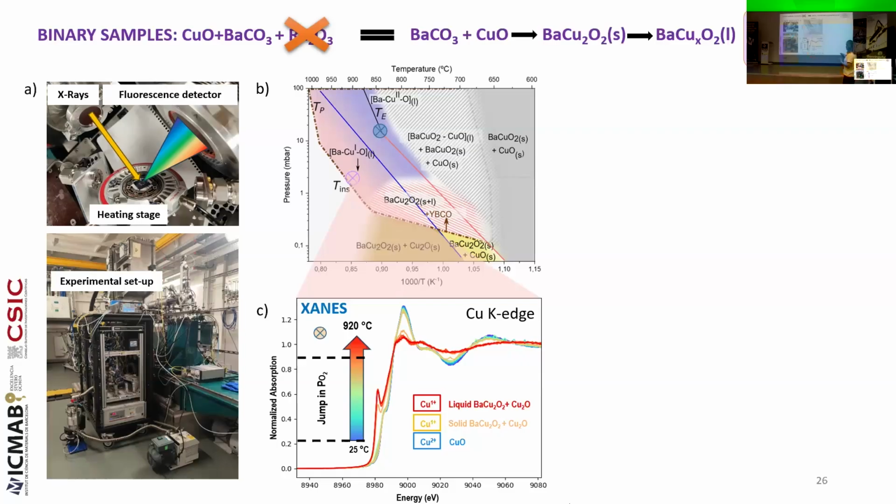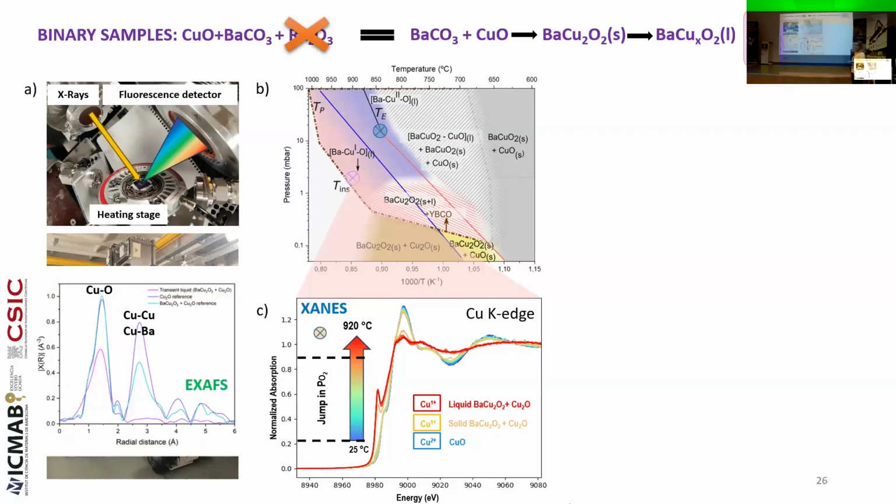And of course, you may have some doubt if it's really the liquid phase or not. So we also performed some EXAFS in order to see if this is really liquid, and we compare it to the transient liquid spectrum, which is the pink one, if you can see it well. Then we have the barium copper 202 solid phase, which is the green one, and the Cu2O reference spectra, which is the purple one.